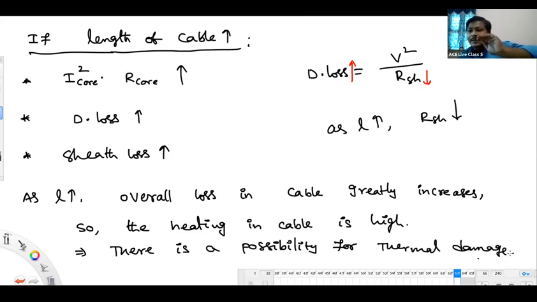So, in view of the thermal stability of the cable, we should not use the HVAC cable for whatever length we want. That length is generally limited to 50 kilometers.